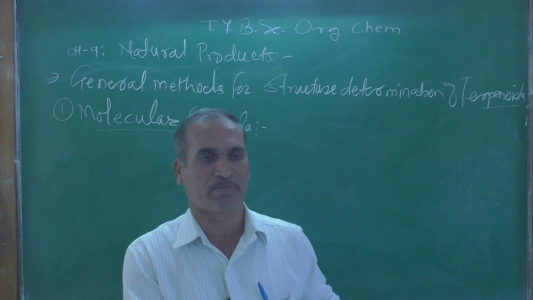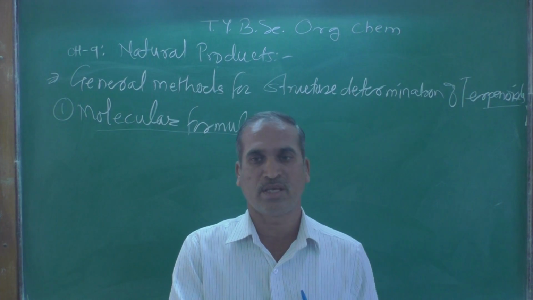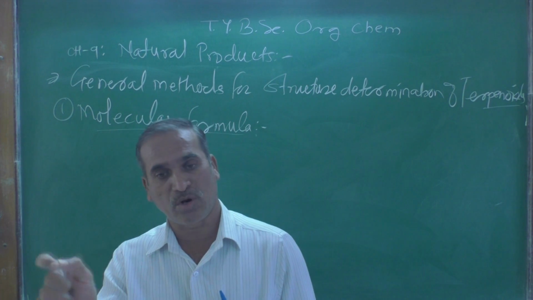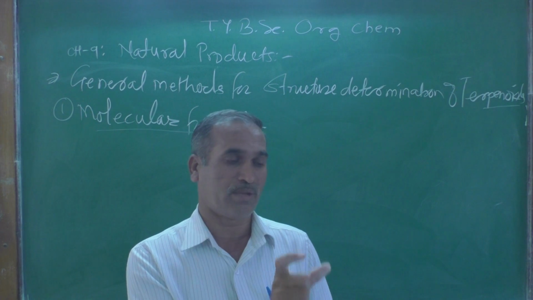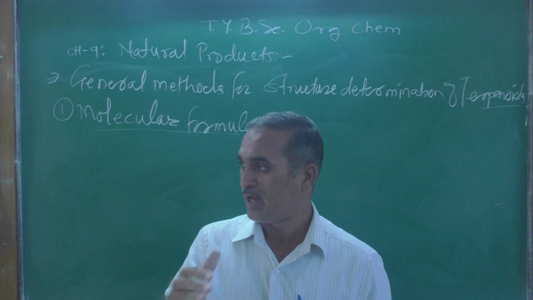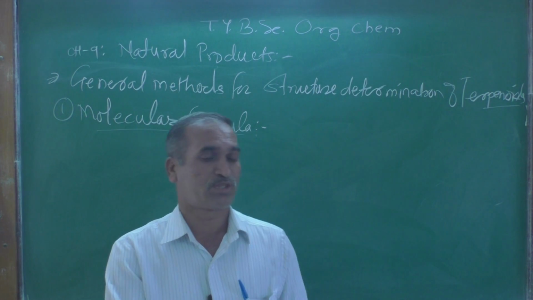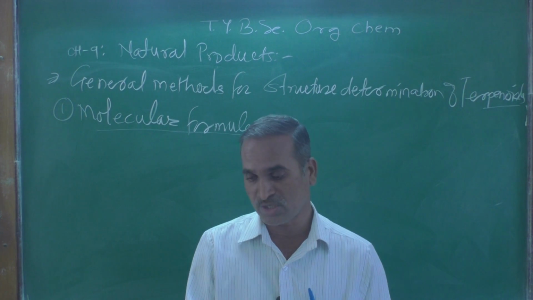Normally here in this chapter we are focusing toward a natural product, that is a terpenoid. Later on we will see another one, but in the first part we are studying the terpenoid.